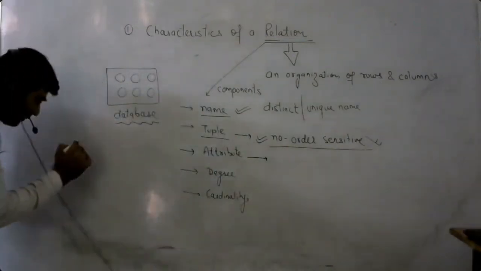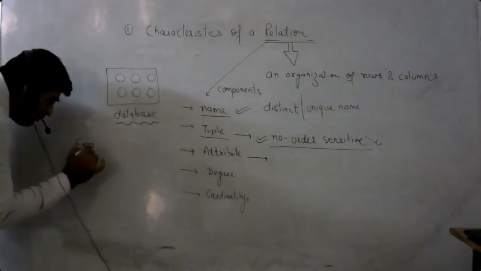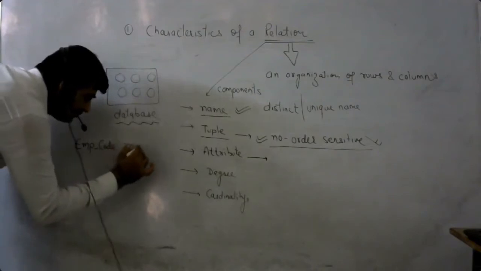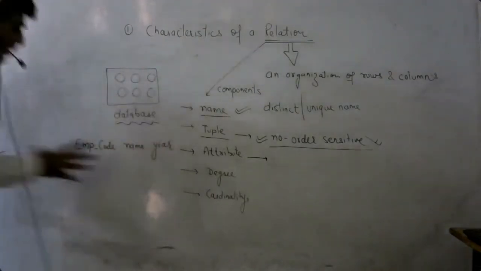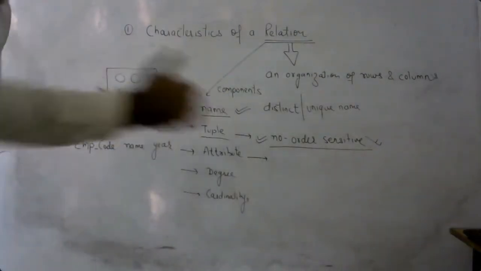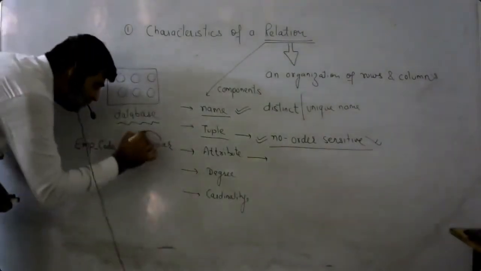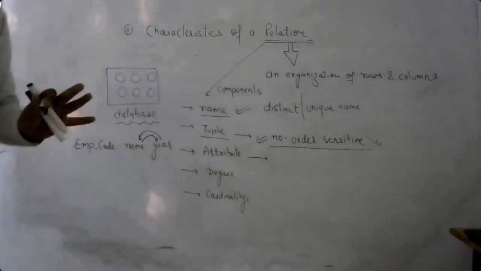Telling you once more. Suppose there was an attribute emp underscore code, then name, then year. Now there are only 3 attributes. Suppose there are 10 attributes, 20 attributes in a relation, the order of the attributes doesn't matter.